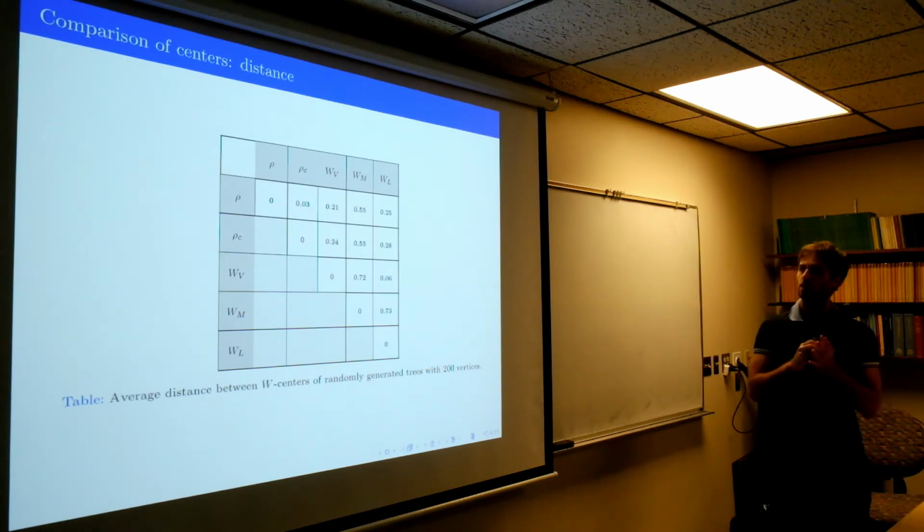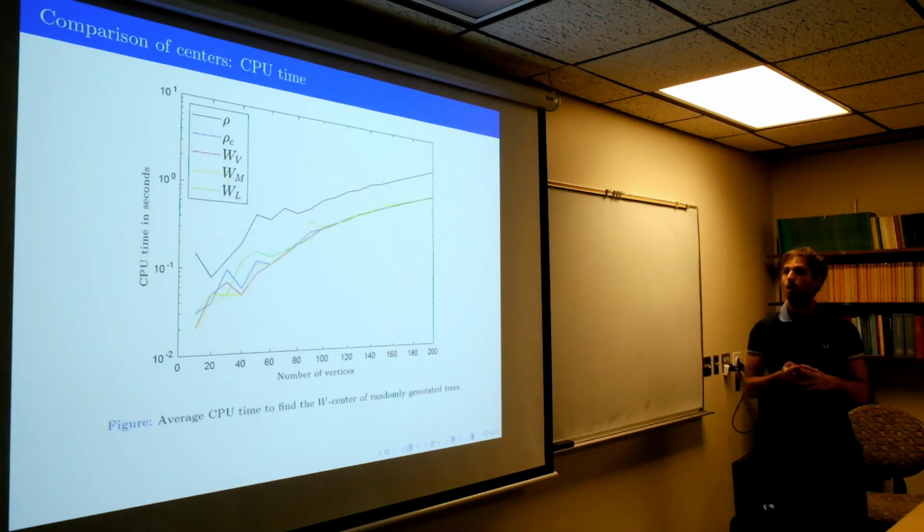So it means that if we have one tree with 200 vertices where the rho C center is not equal to the rho center, but they are adjacent vertices, for example, then for other 32 trees with 200 vertices, we can expect that the two centers coincide, right? So they are very, very close. And here we compute the CPU time.